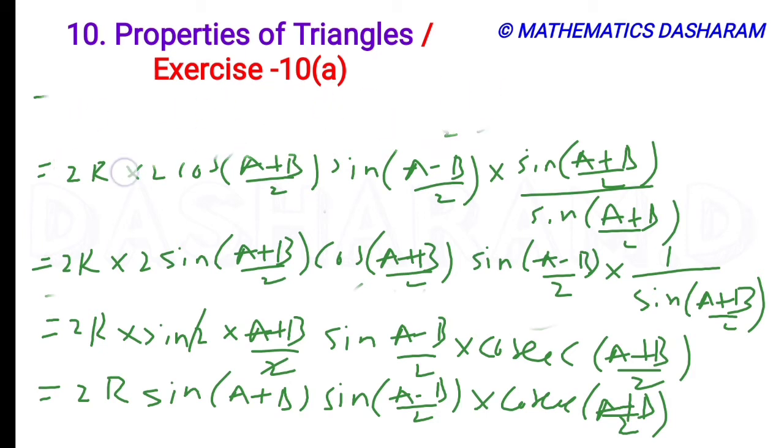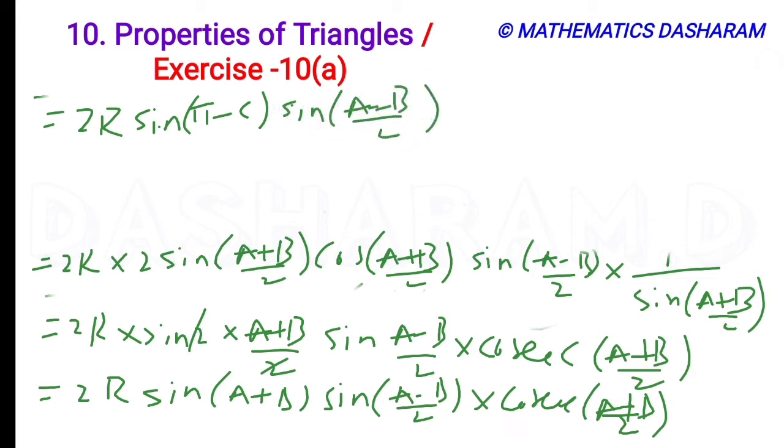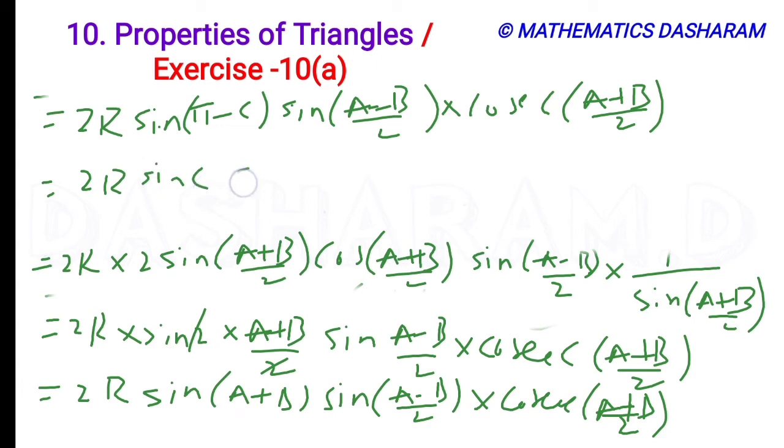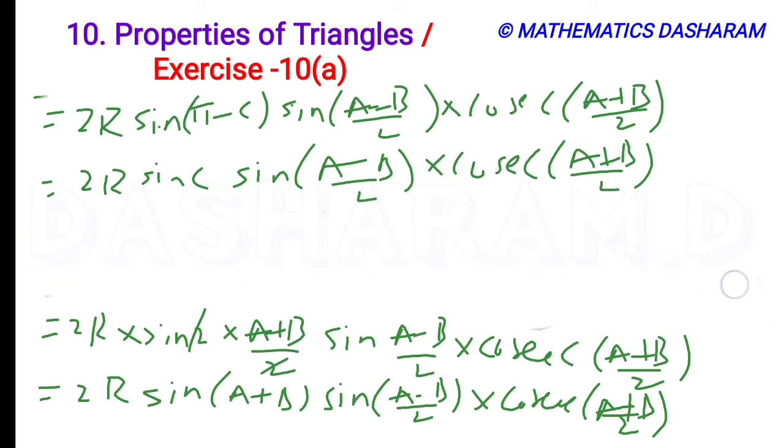So the next step is it is equal to 2r sin(A+B), and A+B equals pi minus C from the angle sum property. So sin((A-B)/2). So 2r sin(180 minus theta) is sin theta itself, so here into sin C. From the sine rule, 2r sin C is equal to small c.